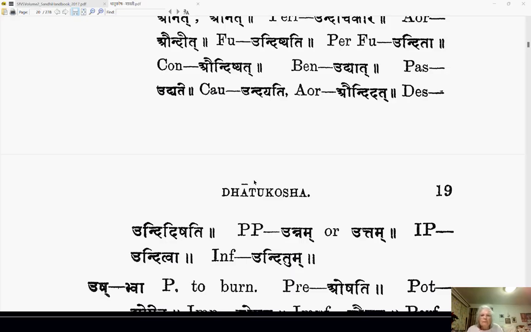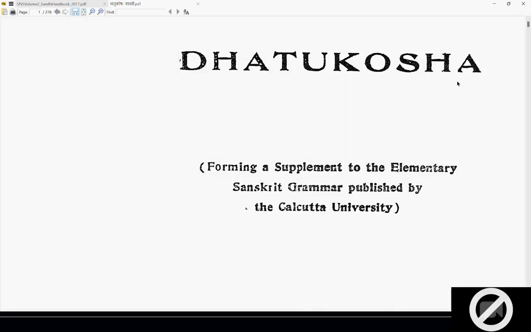Let's see if this one has it. So I'm sharing my screen again. Let's say this is the dictionary of verb roots, Dhatu Kosha. That's on your grammar page? Yes, it is on my resources page. Resources, okay. I knew there was a place to get them, but I couldn't find it. Okay. Thank you.